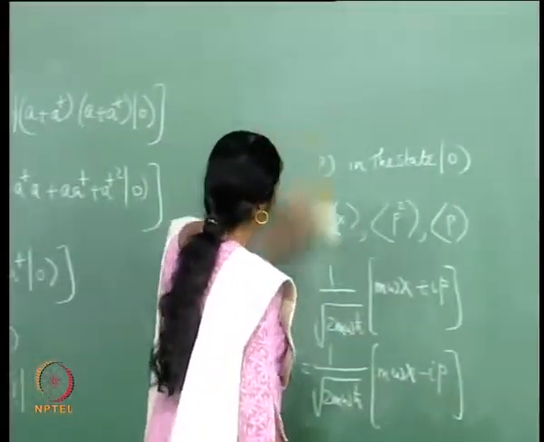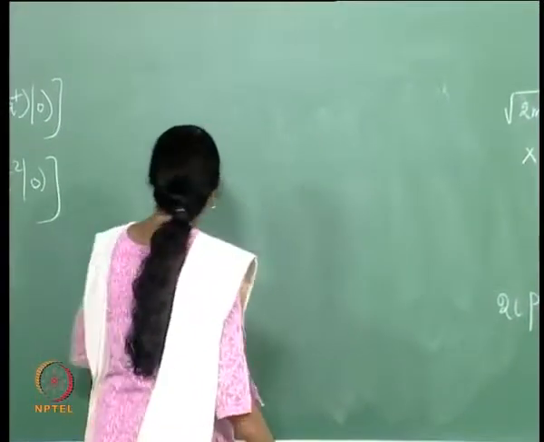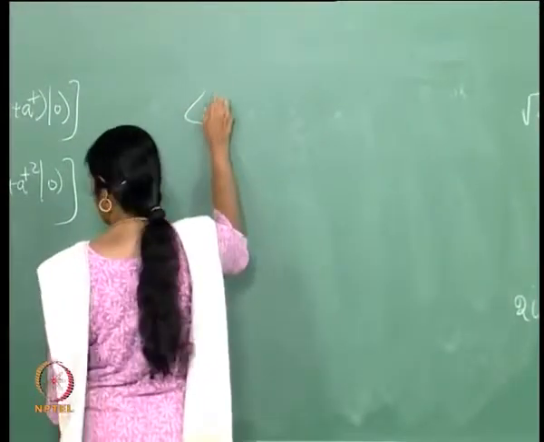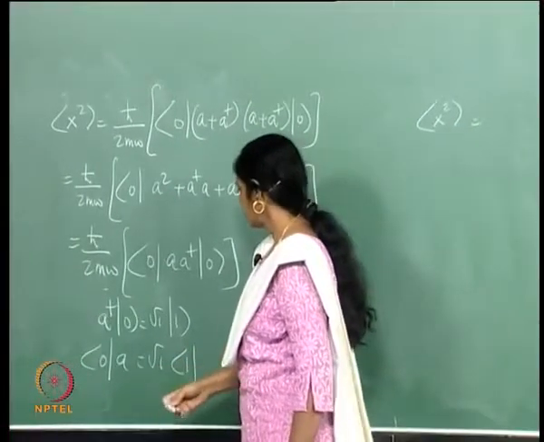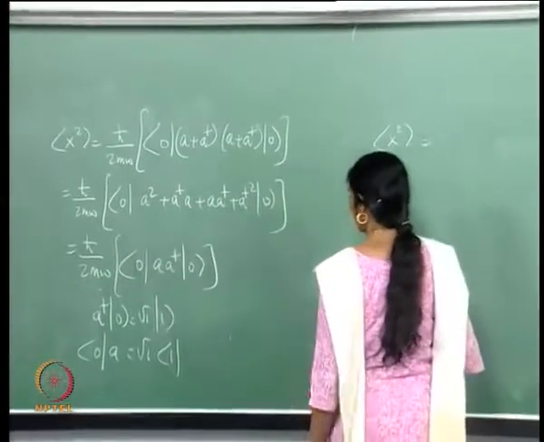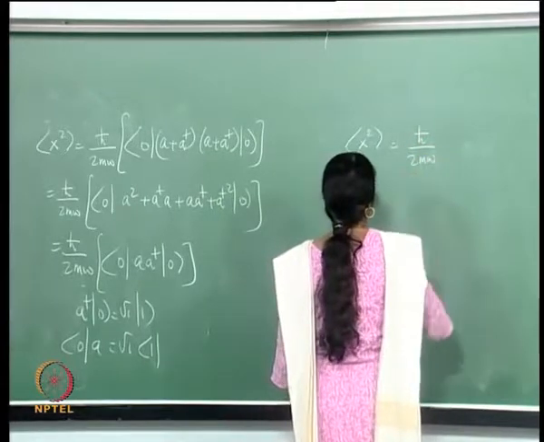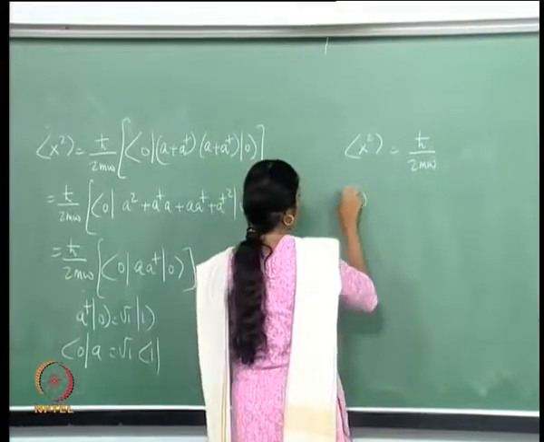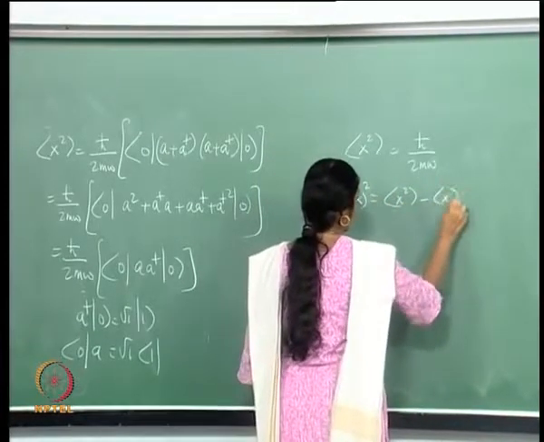Therefore, I find that the expectation of x squared in the ground state of the oscillator is h cross by 2 m omega. So, delta x the whole squared is the expectation of x squared minus the expectation of x the whole squared.